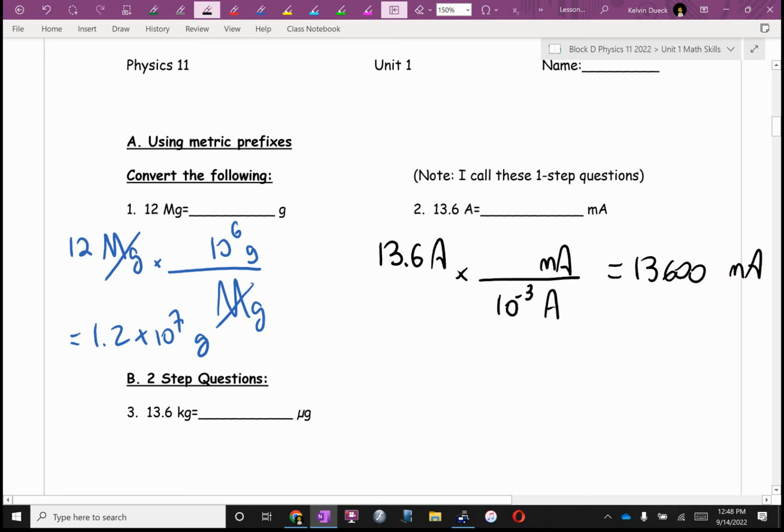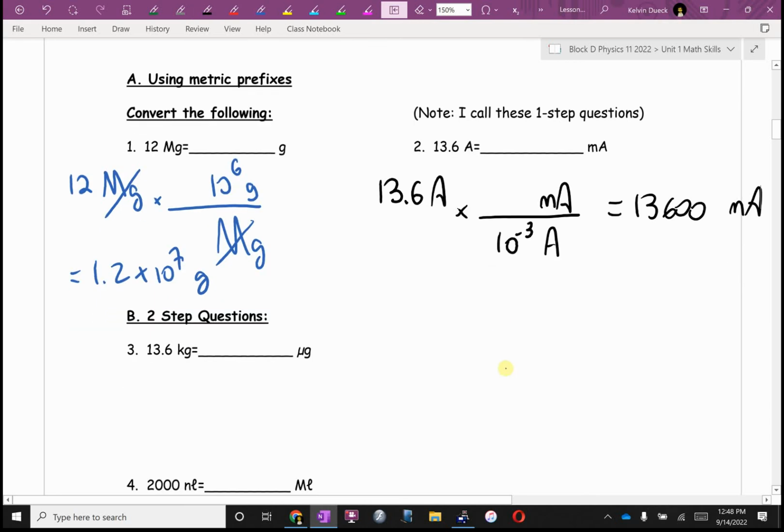I call these one-step questions because, Oliver, one step. A two-step question is like number 3, where you're going from one metric prefix, kilo, to another metric prefix, micro. Anybody want to guess how many steps it's going to take? 2. What I'm going to do first is get rid of kilo, step 1.